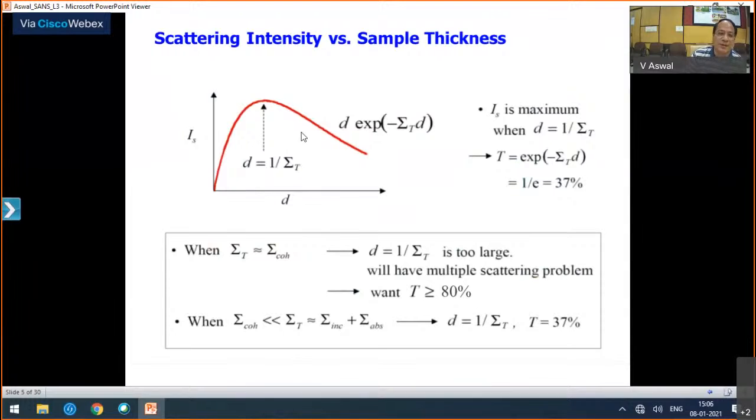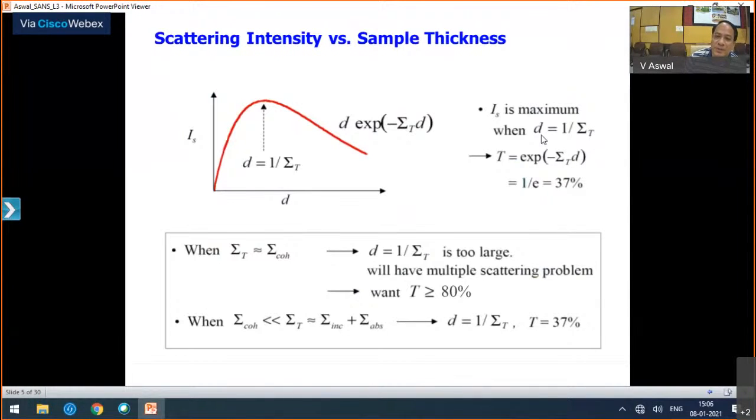So what does this mean? This means that if you want to plot scattering intensity as a function of thickness of the sample, since you have two competing terms, d and this exponential term, this function will have a maximum. So where will this have a maximum? You can maximize this term, and what you get is that intensity is maximum at d = 1/sigma_t.